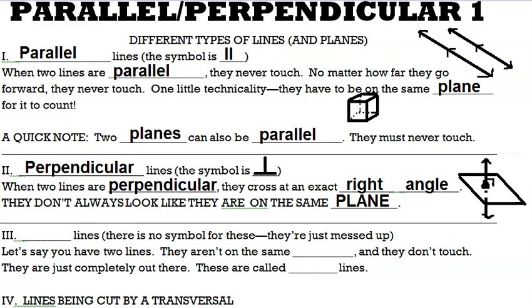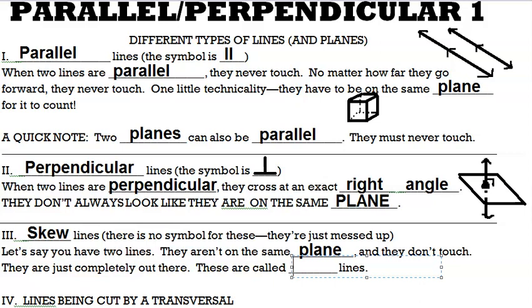Speaking of weird things to visualize, let's put skew lines in here. There is no symbol for these. They are just messed up. They are not on the same plane, and they don't touch. So, when we think parallel lines, we think lines that don't touch. But what if they're not even on the same plane? So not only are they not touching, they're not even on the same plane.